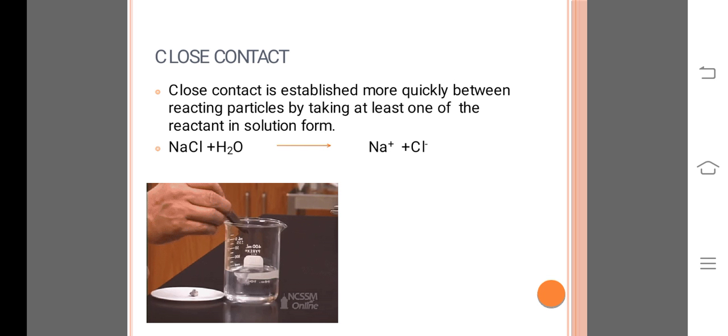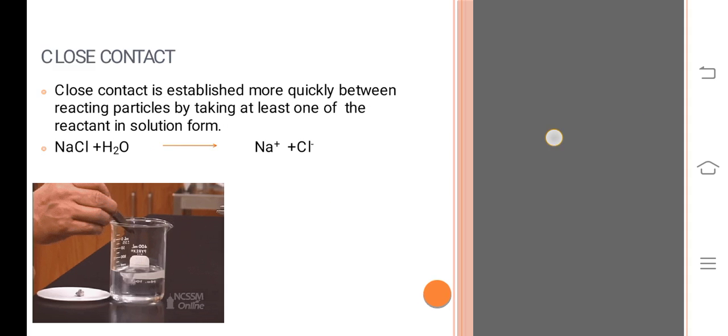So in close contact there is a strong possibility of a chemical change or chemical reaction. This is one example: when common salt is dissolved in water, it ionizes into sodium and chloride ions.